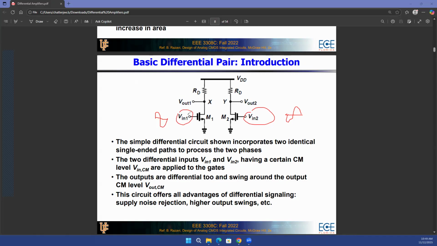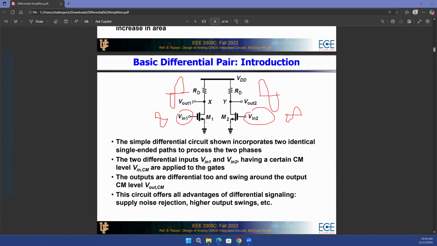Remember, because this is common source, V out 1 will look something like this. So you have the negative half cycle first and the positive half cycle after that. Because there is always a 180-degree phase shift between the input and output of the common source stage itself. Similarly, for the right side branch, the output might look something like this.